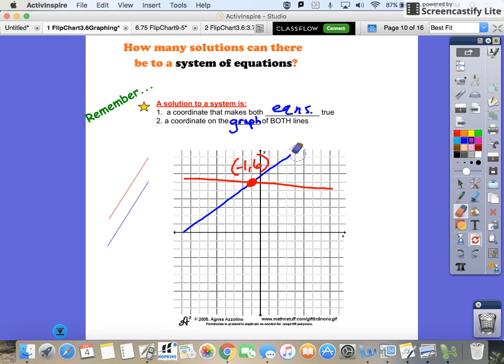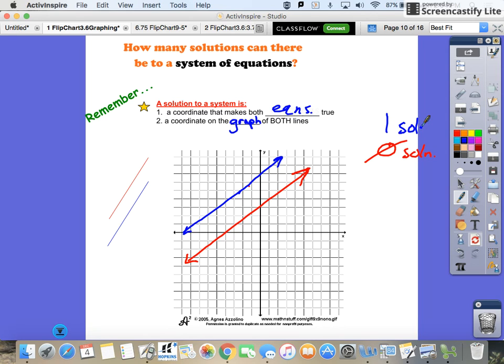The other option might be, okay, you've got this blue line, but maybe you have this one running next to it. If they're parallel, there's no solution. The first scenario, there was one solution.